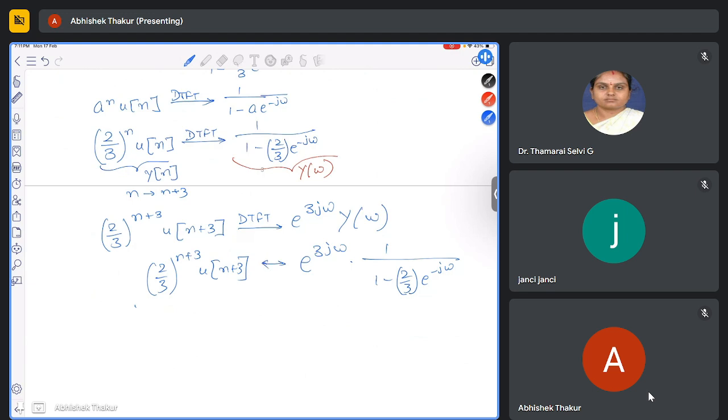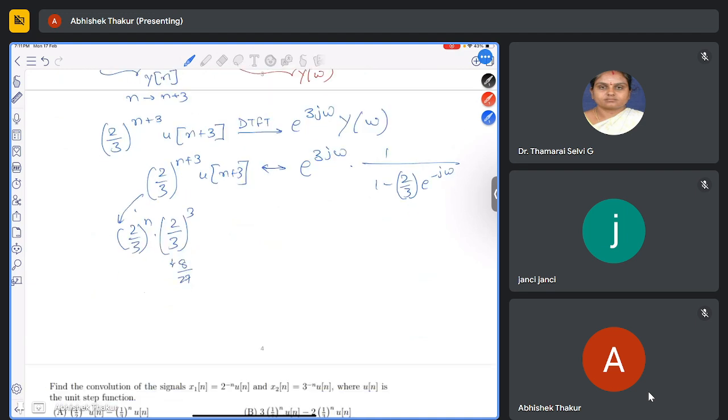Now this we can write as (2/3)^n multiplied with (2/3)^3, which is 8 by 27. Now multiply with 27 by 8 on both sides.